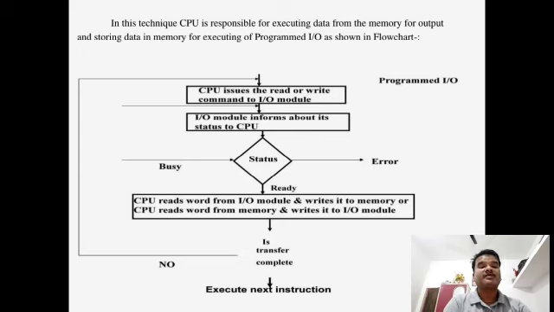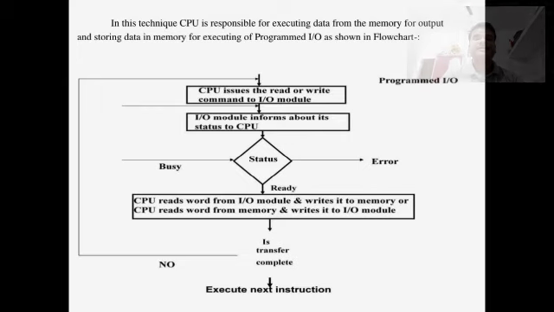Then the input output module informs the CPU of its status. When ready, the CPU reads words from the input output module and writes them to memory, or the CPU reads words from memory and writes them to the input output module. Then it executes the next instruction.